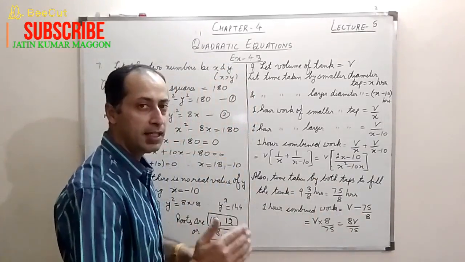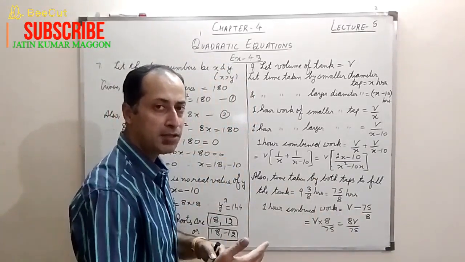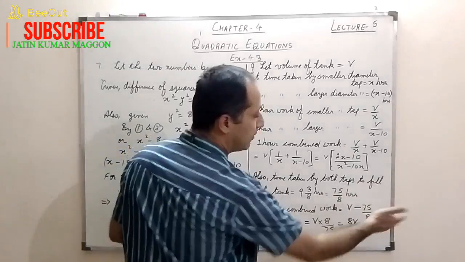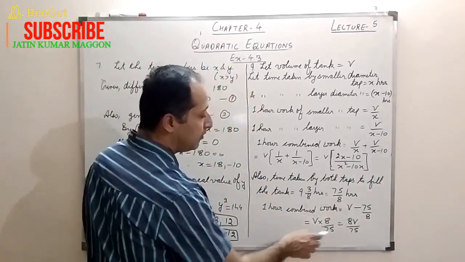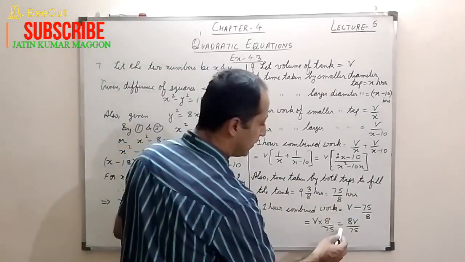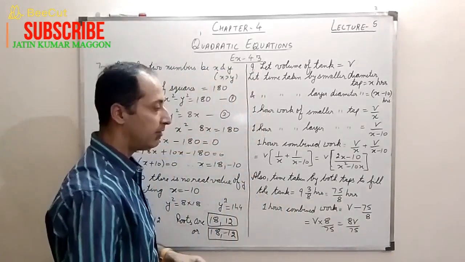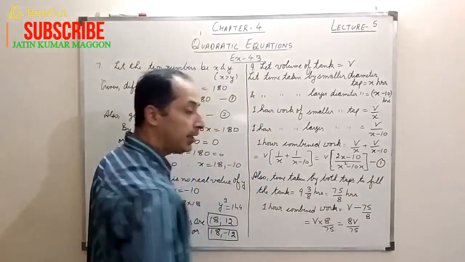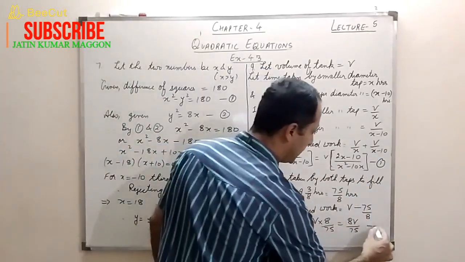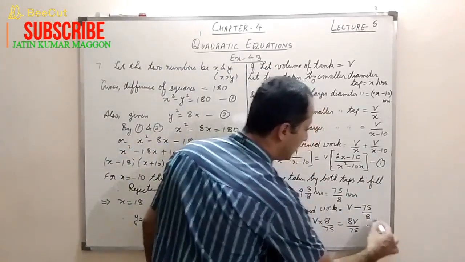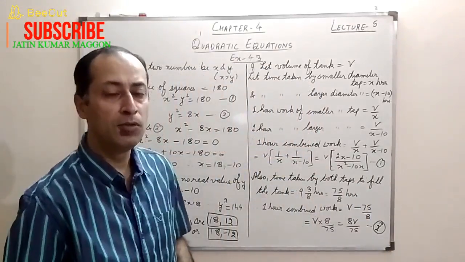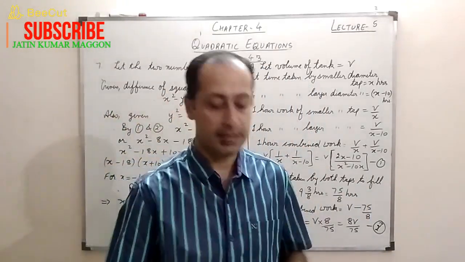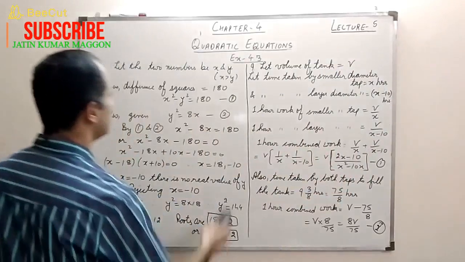When there is a division sign and you convert into multiplication, you take the reciprocal of the number. So this is V into 8 by 75, that is equal to 8V by 75. Now you see, this is also the 1 hour combined work and this is also the 1 hour combined work. It means if we equate these two, we'll get the desired equation. So let's do it.